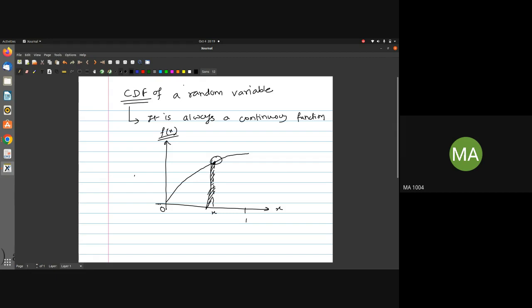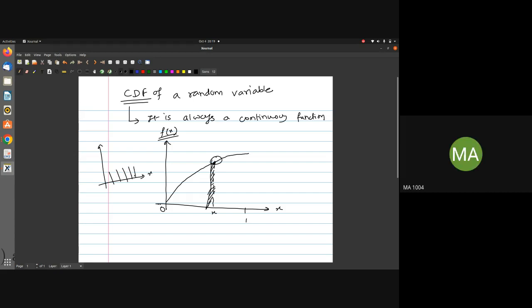So let's say it is a discrete random variable. In that case, how will the CDF look? Can you tell me any random variable? Sir, a die.